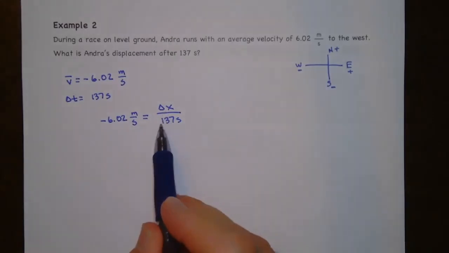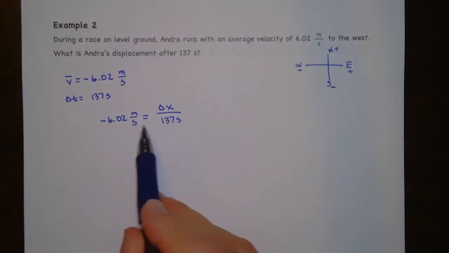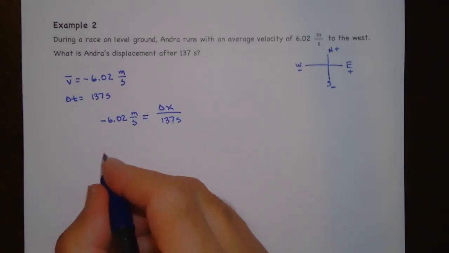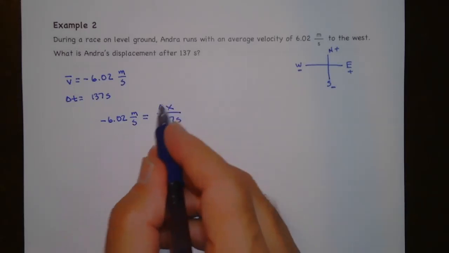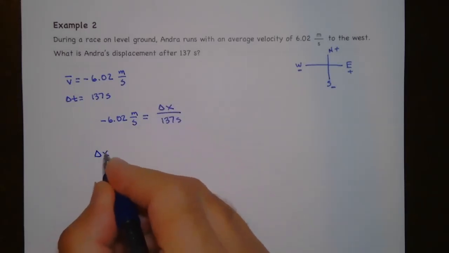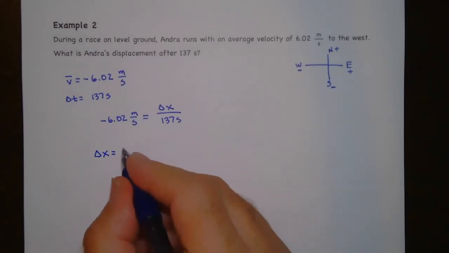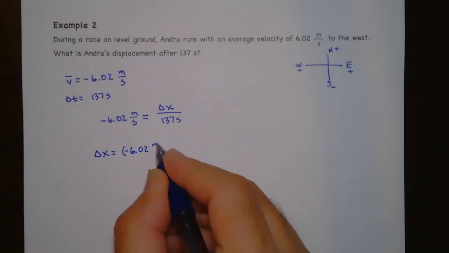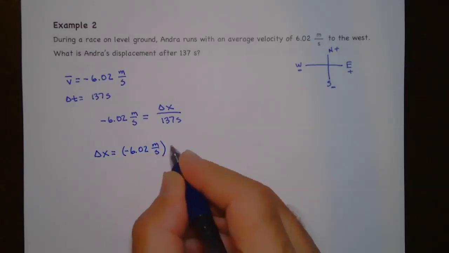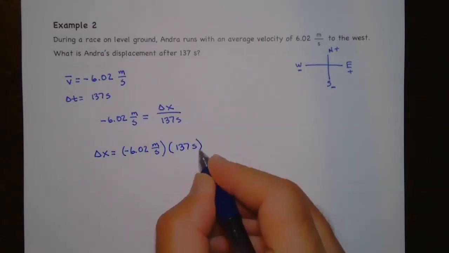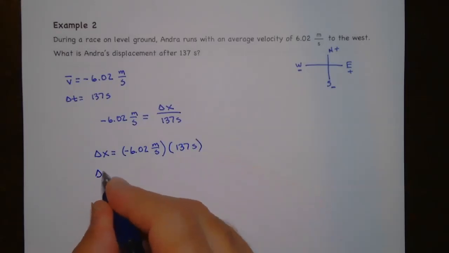Well, I'm dividing by 137, so all I need to do is multiply both sides of this equation by 137. I'm going to write delta X on the left-hand side. So delta X is equal to negative 6.02 meters per second multiplied by 137 seconds.